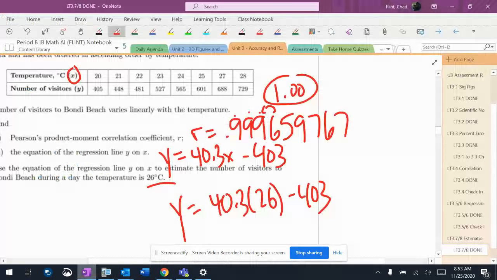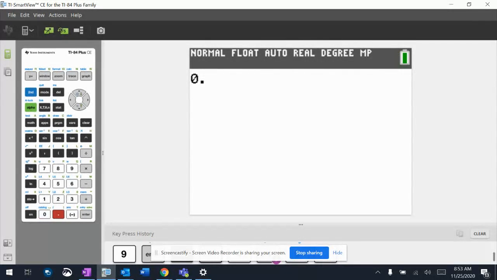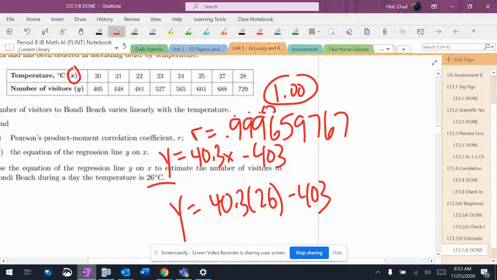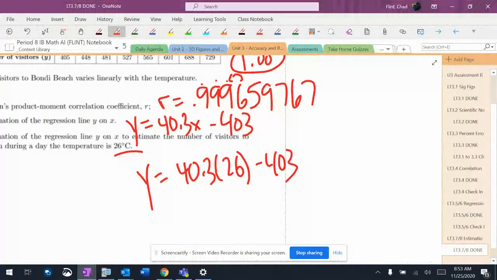So 40.3 times 26 minus 403 is 644.8. And again, I should go 3 significant figures, so 645.